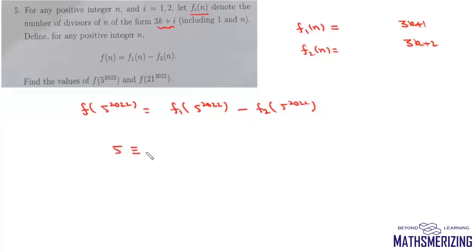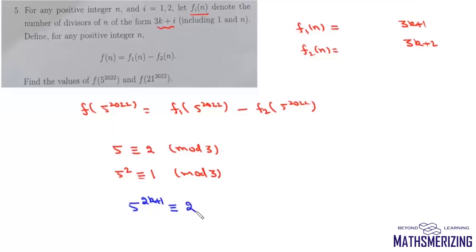Now if we take 5, this 5 is congruent to 2 modulo 3, and 5 square is 25, which is 1 modulo 3. So 5 to the power 2k plus 1 will be 5 to the power 2k, which is 1, and then 5, which will leave the remainder 2.